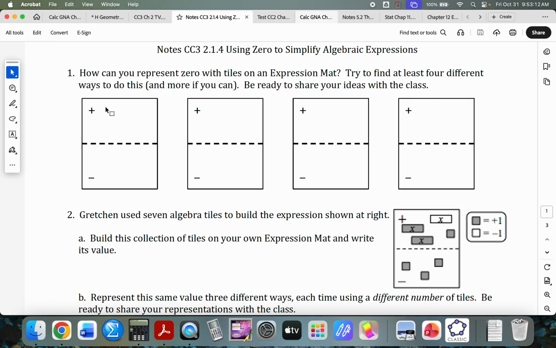So the simplest one is just to have one positive unit tile and one negative unit tile. That makes 0, right?